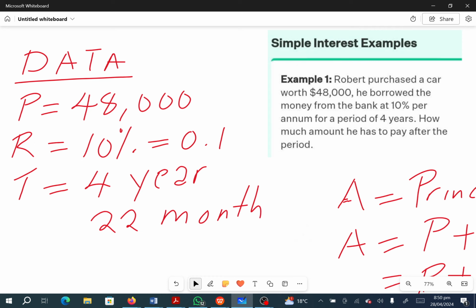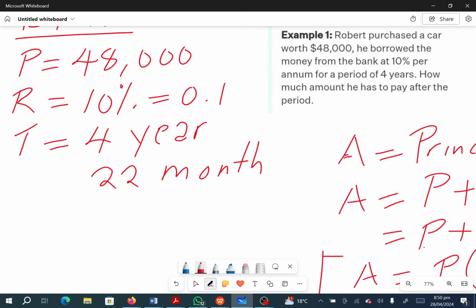We know that in a year there are 12 months, so you divide 22 over 12, and the answer you have is your time.